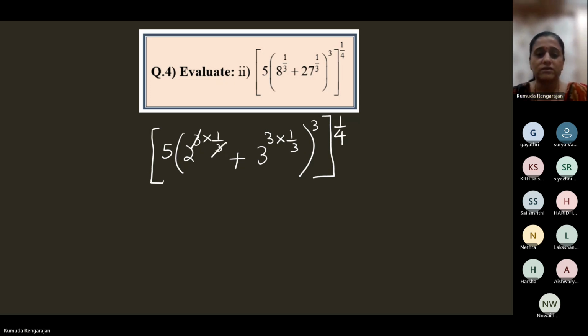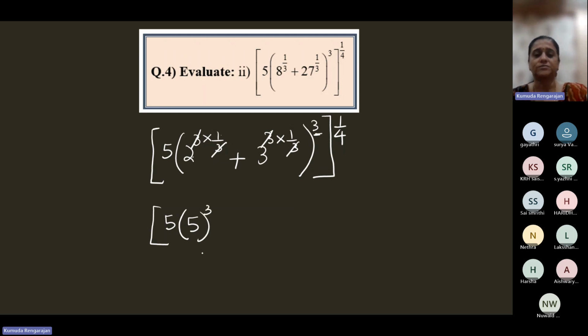Next. Cancels. Open the square bracket. 5. Simple bracket. 2 to the power 1. 3 to the power 1. So 2 plus 3 it is 5. Close the simple bracket and you can see the power 3. Put that. Close the square bracket. And outside you have the power 1 by 4.